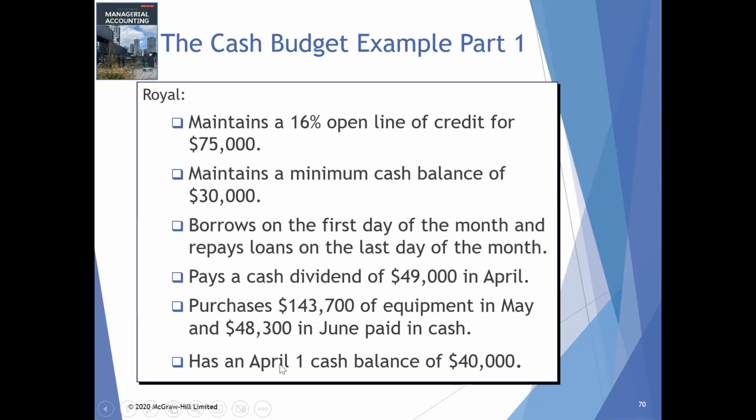Now, the company has a cash balance of $40,000 on the 1st of April. So now we are going to calculate the cash budget. First of all, we write the opening balance plus received minus paid.